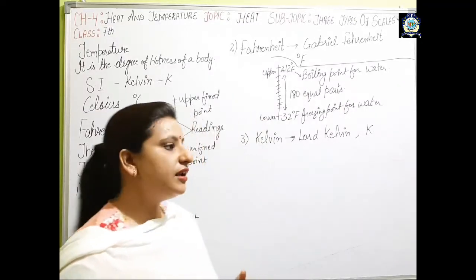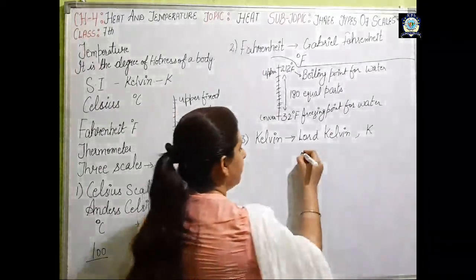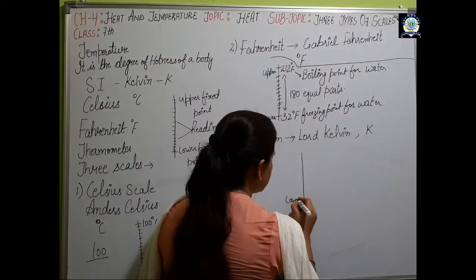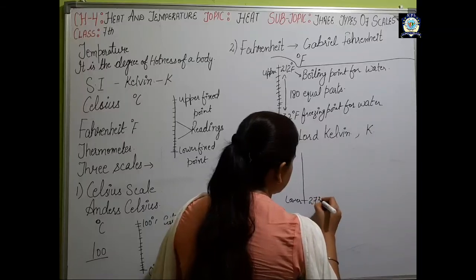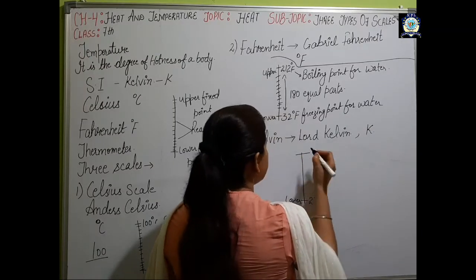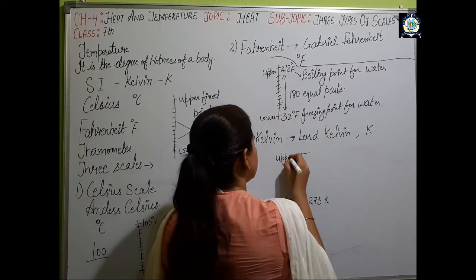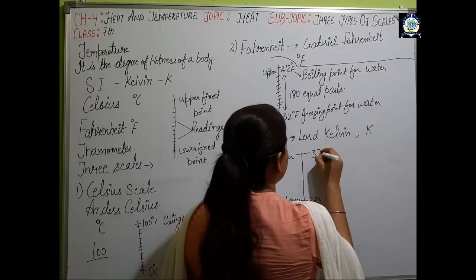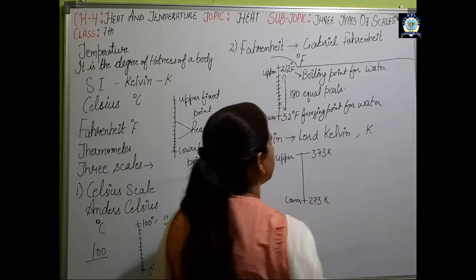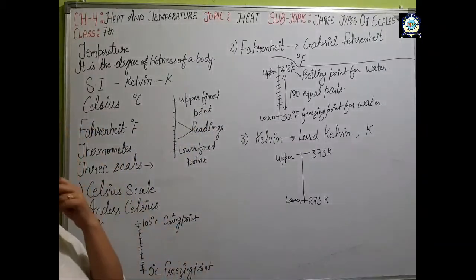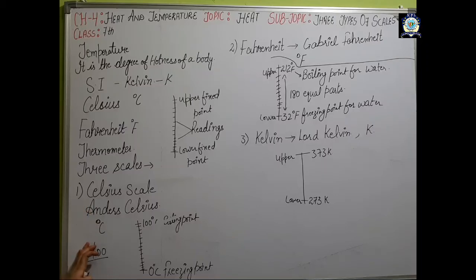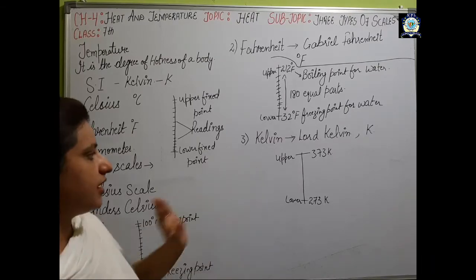Okay, and it also has two points. The lower point has the value of 273 Kelvin, and the upper point has the value of 373 Kelvin. So this is all about the three scales: the Celsius scale, Fahrenheit scale and Kelvin scale.